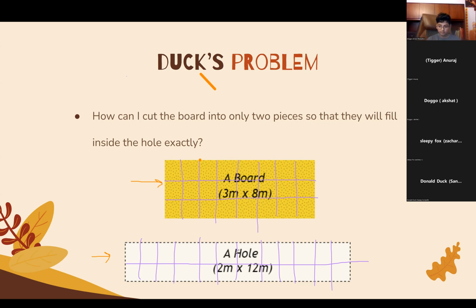If you guys want a hint, then you should ask. The other duck, they're just waiting for you to answer. They're standing around awkwardly, like, is this guy gonna help me or not?